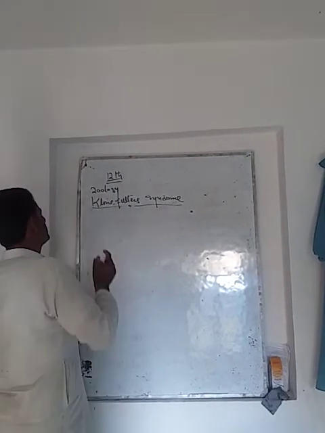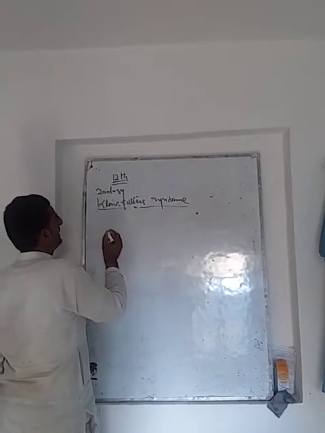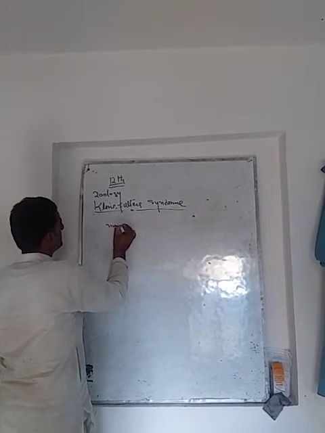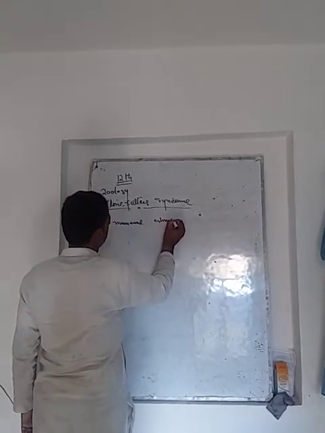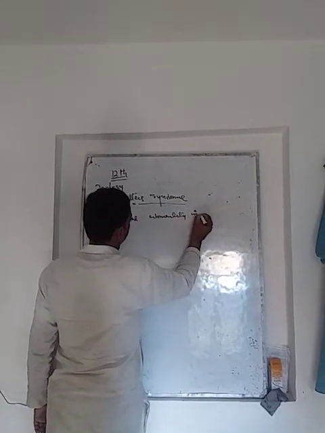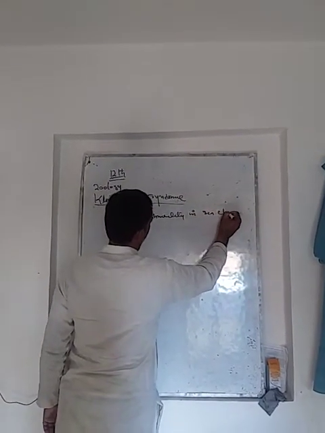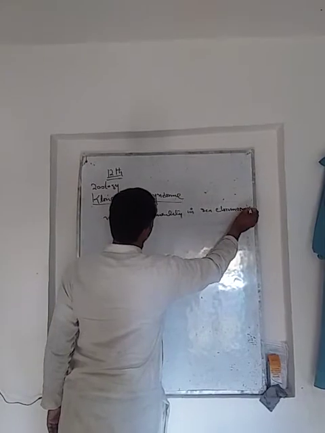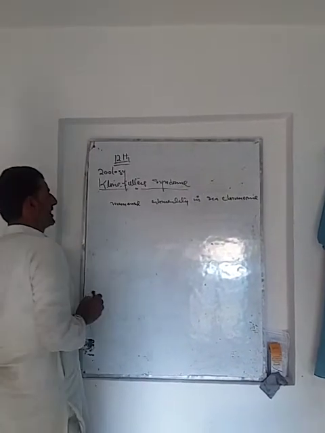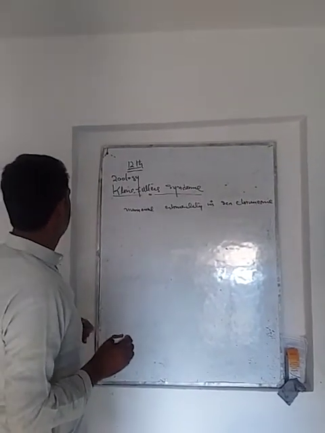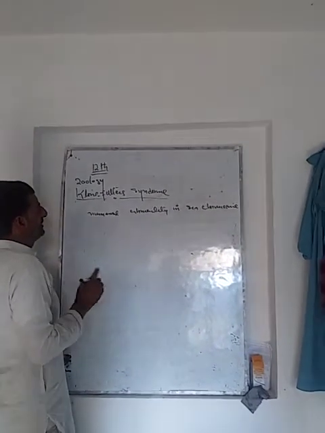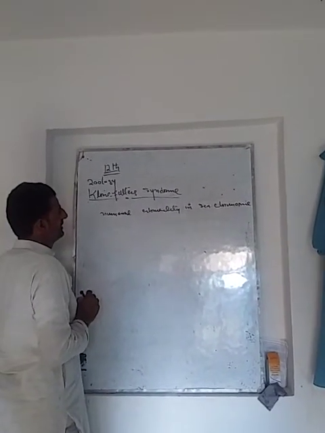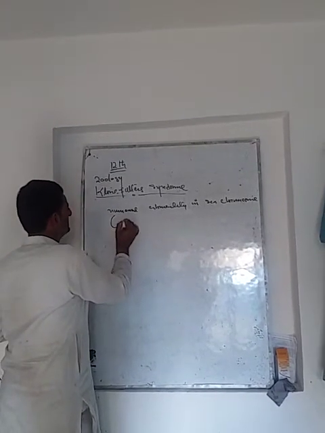This Klinefelter syndrome is a numerical abnormality in sex chromosome. What we mean by numerical abnormality in sex chromosome is that Klinefelter syndrome is a condition with 3 sex chromosomes, which is also called trisomy.